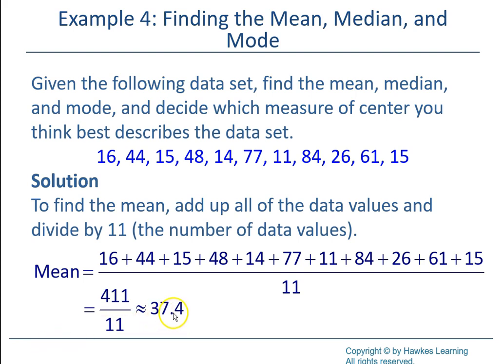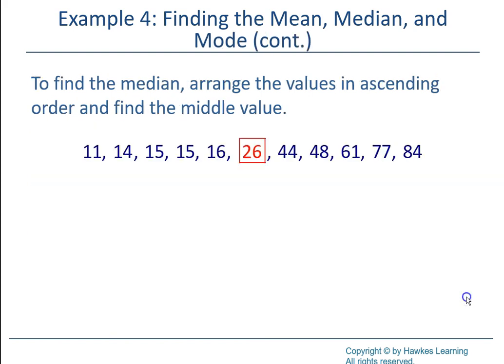So 37.4 for the mean. Now again, lining them up. In fact, if I had an example like this, what I would have done is initially put them numerically. Kind of look over, get the lowest number, and you leave spaces so you can line things up.